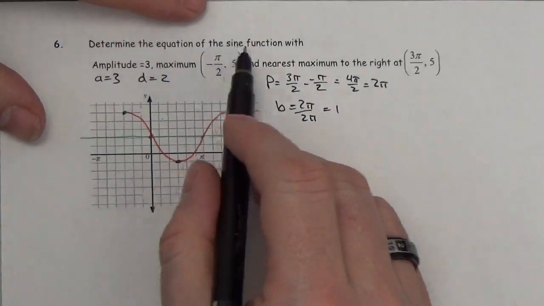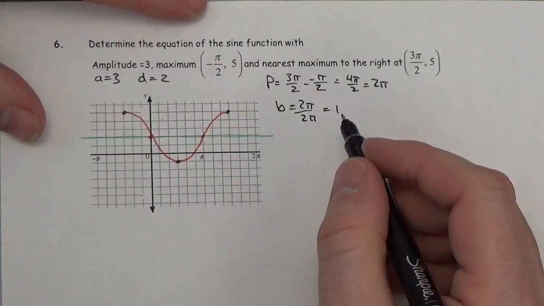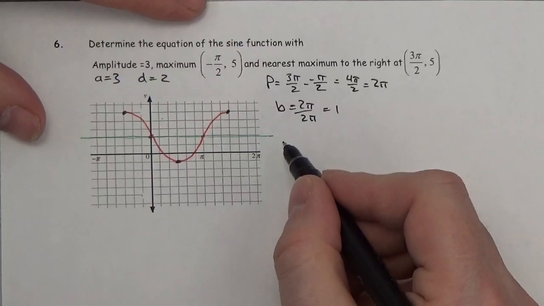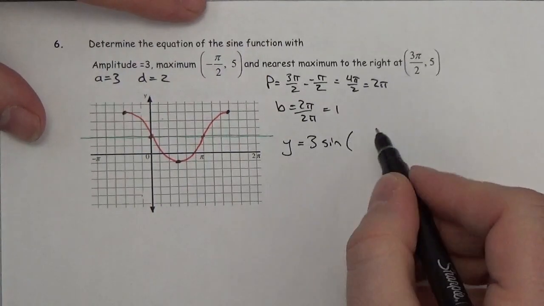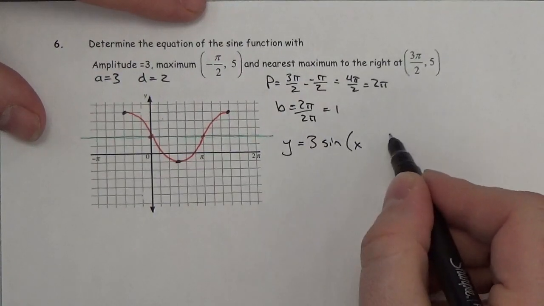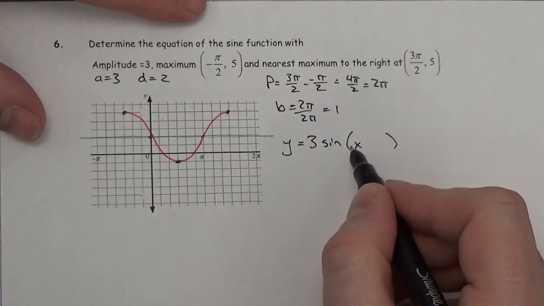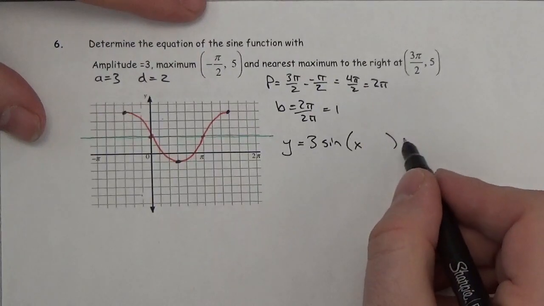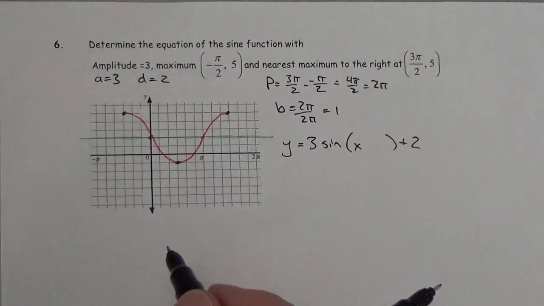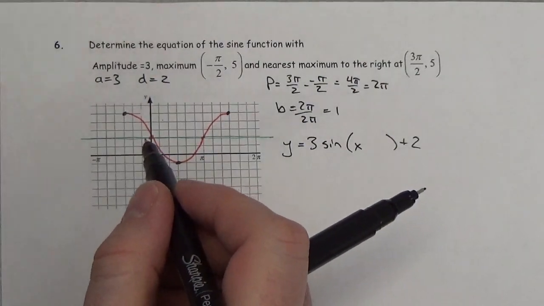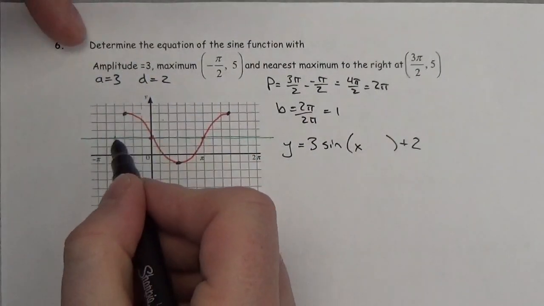Now, I'm looking for a sine function. Okay? So I want this to be y equals 3 times the sine of, my horizontal stretch is just going to be 1, plus 2. Well, I know that if I was to walk this one backwards here, it'd be 1, 2, 3.